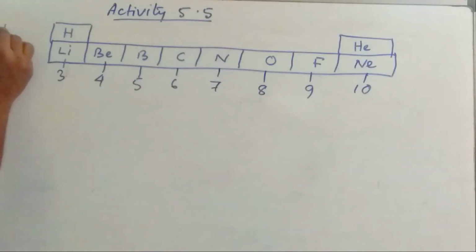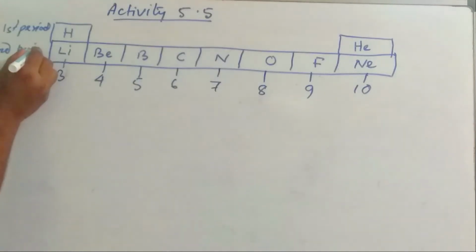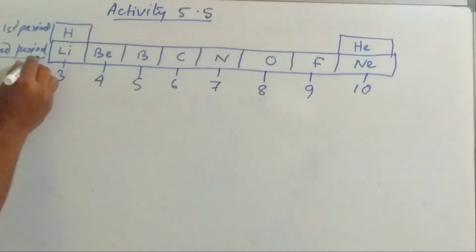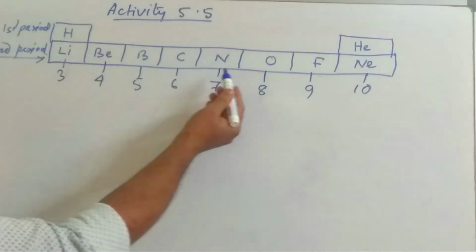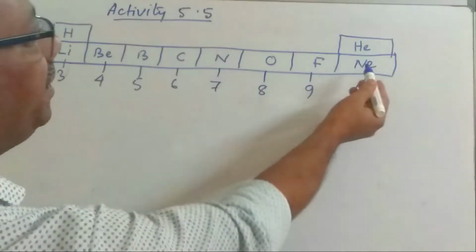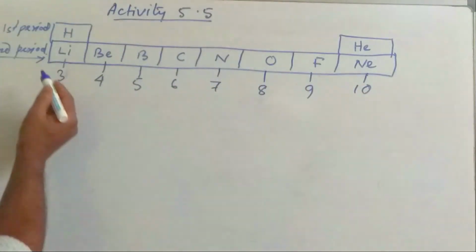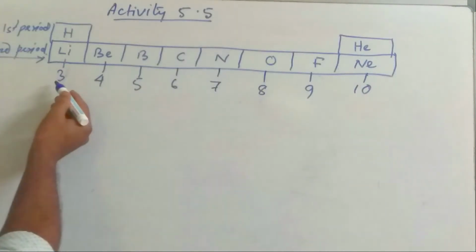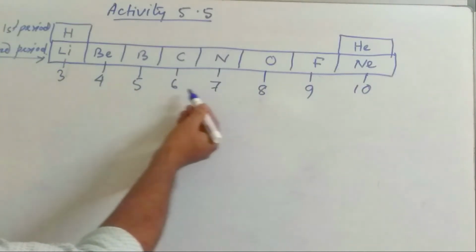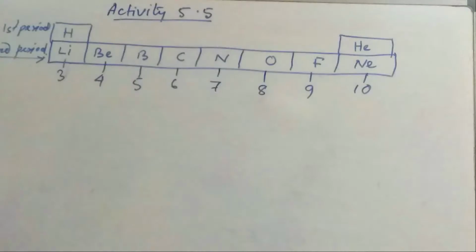This is the first period. This is the second period. The elements of the second period are lithium, beryllium, boron, carbon, nitrogen, oxygen, fluorine and neon, and their atomic numbers are 3, 4, 5, 6, 7, 8, 9, 10.